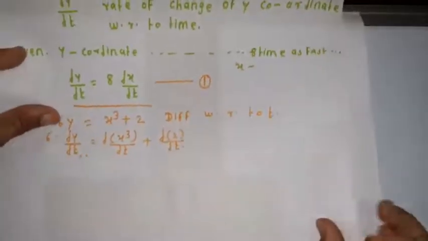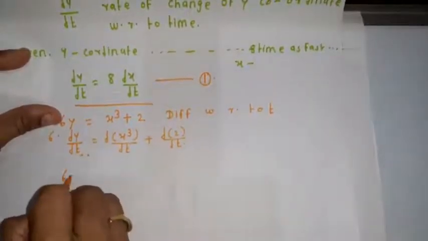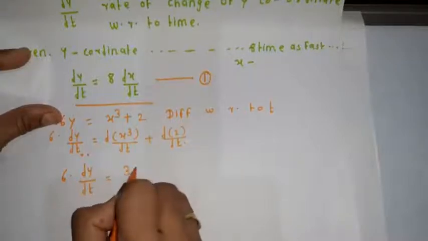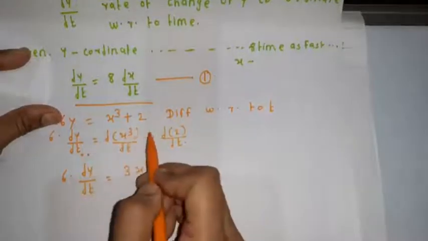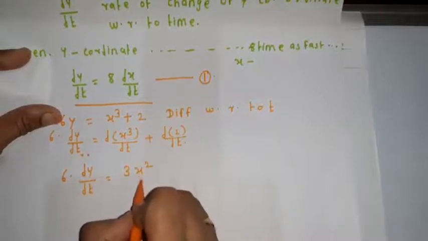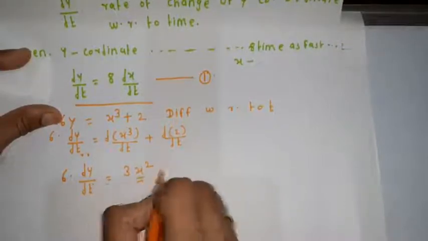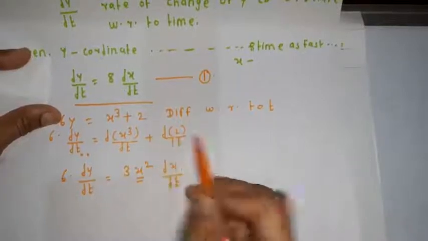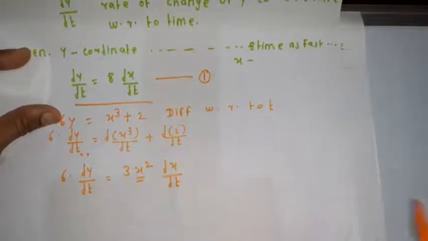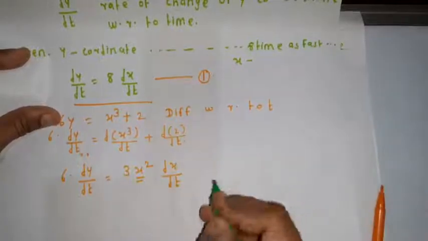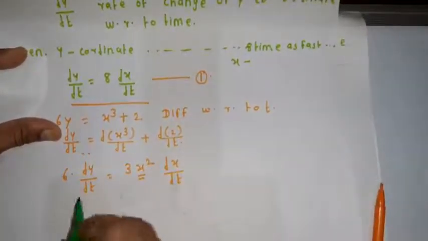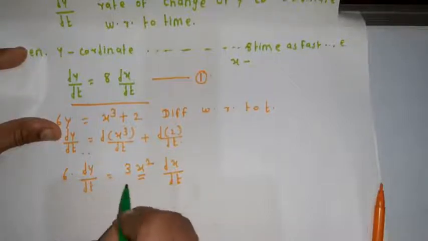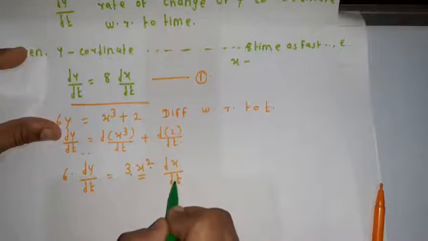So here 6 into dy by dt equal to 3x square according to the x raised to n formula. But here x is again a function of t, that's why differentiate this x with respect to t. And you know the differentiation of a constant number is 0. Therefore we can write 6 into dy by dt equal to 3x square dx by dt.